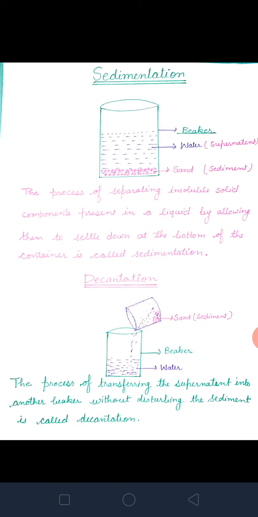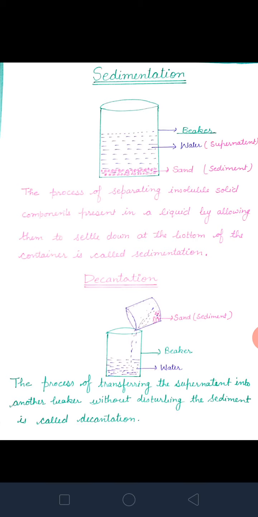It means this method is used when we have to separate insoluble solid impurities in a liquid. How can we separate them? By allowing them to settle down at the bottom.